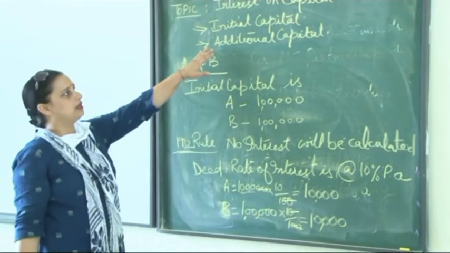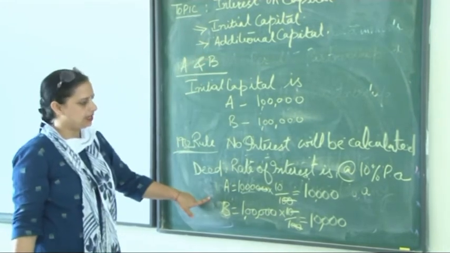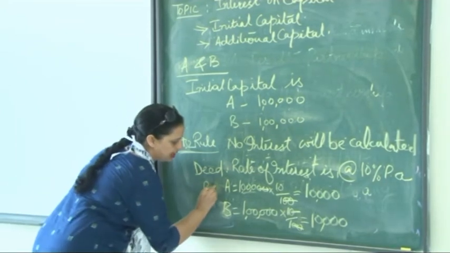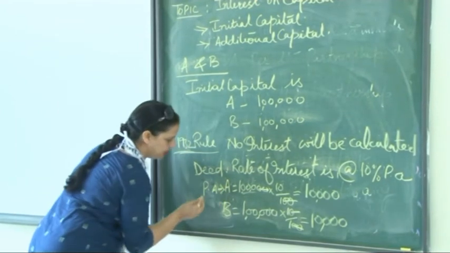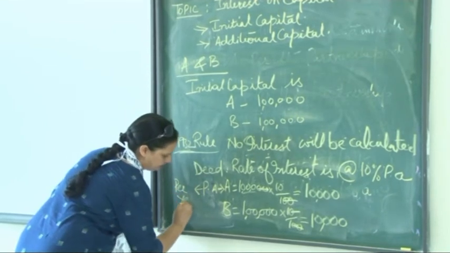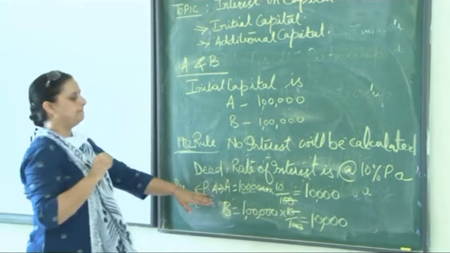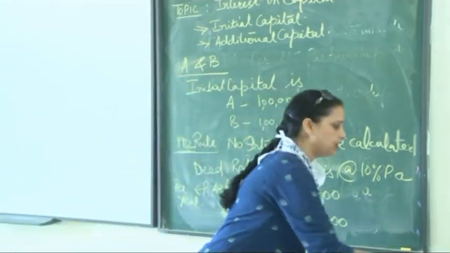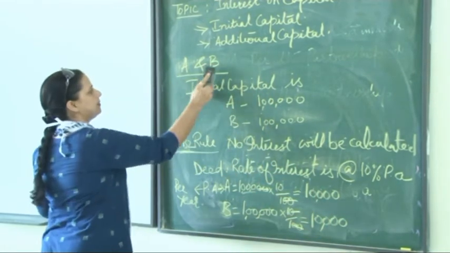The interest on the initial capital is calculated per annum, means per year. Now we will take the example of additional capital.